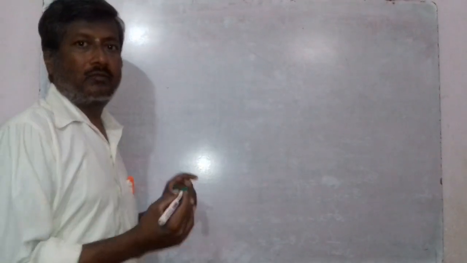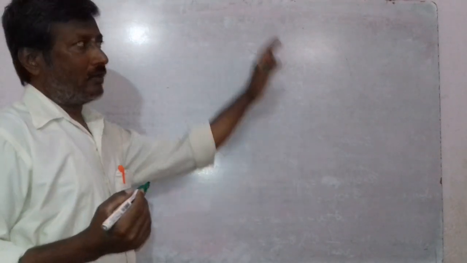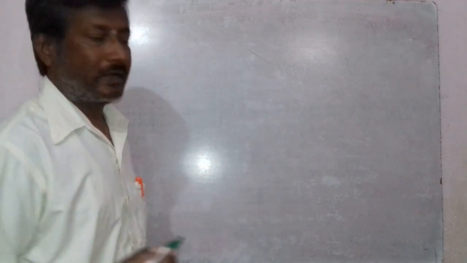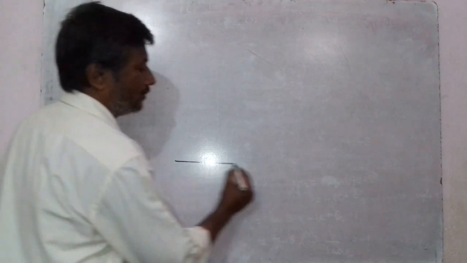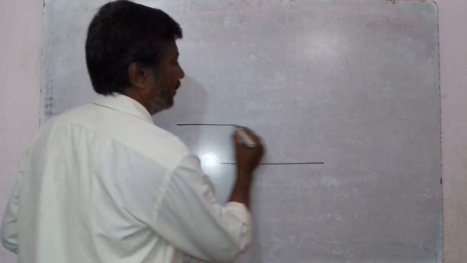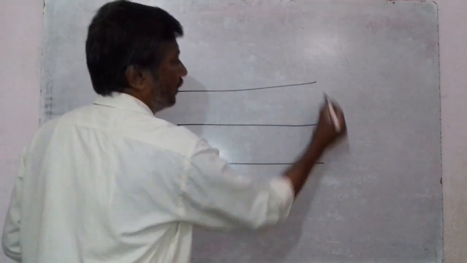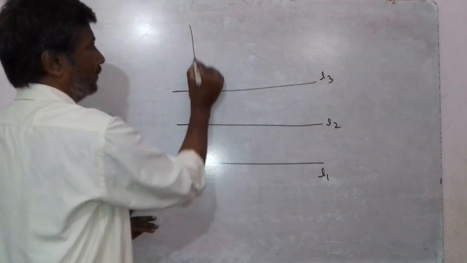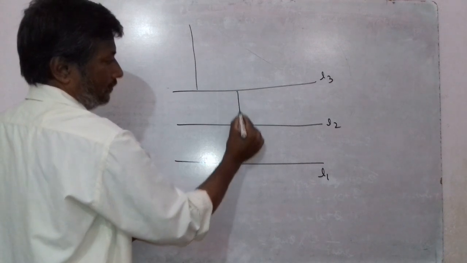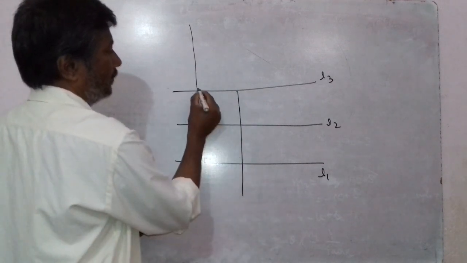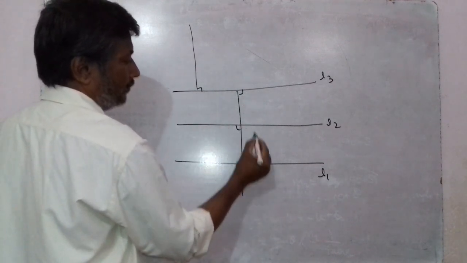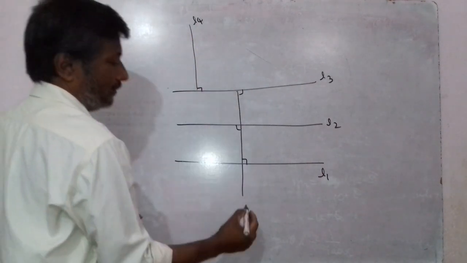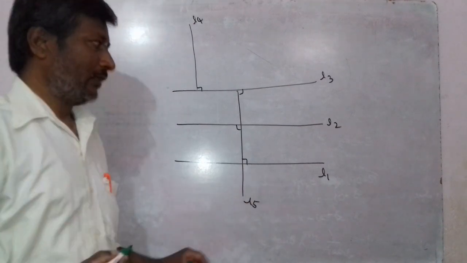Just see one illustration which will give both the condition for perpendicularity and parallelism. Observe: L1, L2, L3, and this is L4, this is L5.